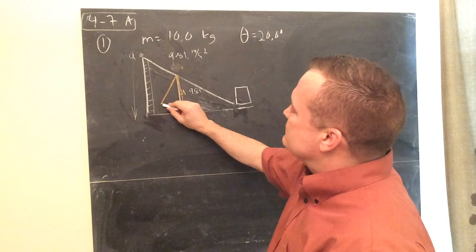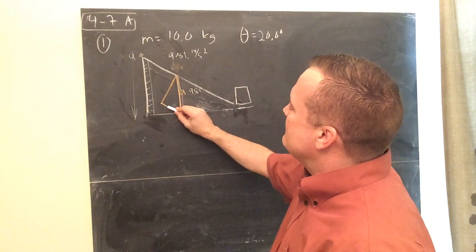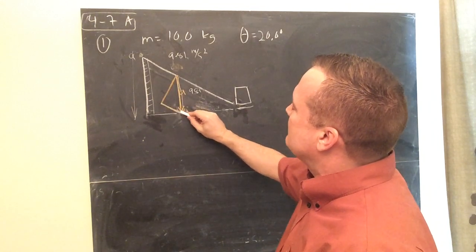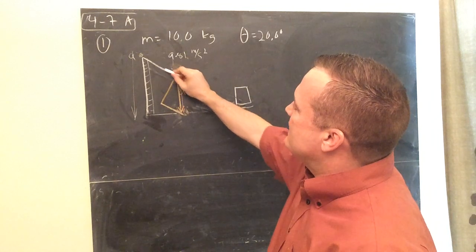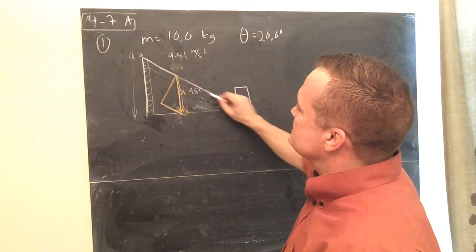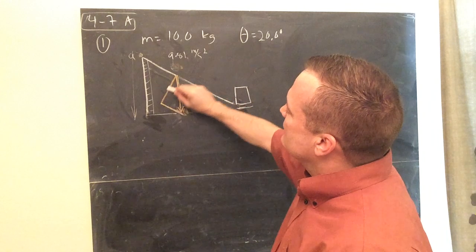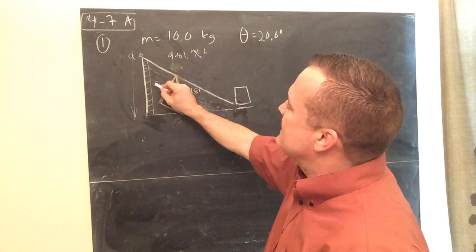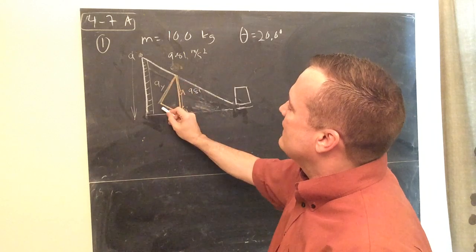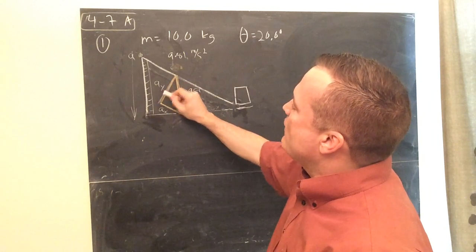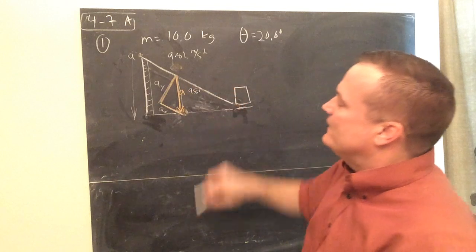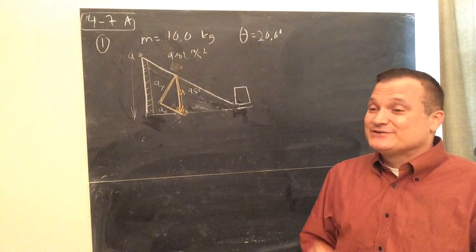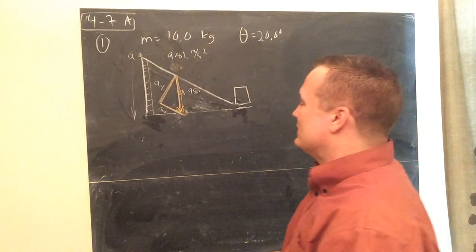I want you to notice, if you draw this diagram, that this bottom part of this triangle is parallel to the surface that you slide down. This other component, we'll call them AX and AY, is perpendicular to it. Now, there's another word for perpendicular. I'm going to tell you that in a minute. I don't want to confuse you on this one problem.